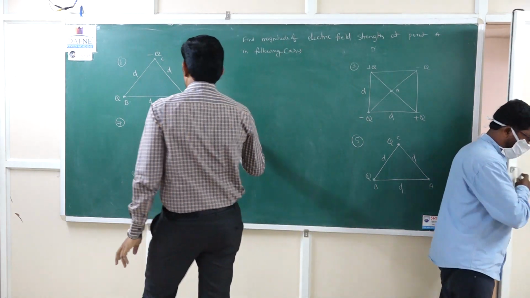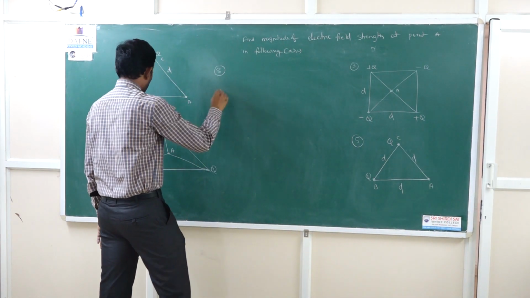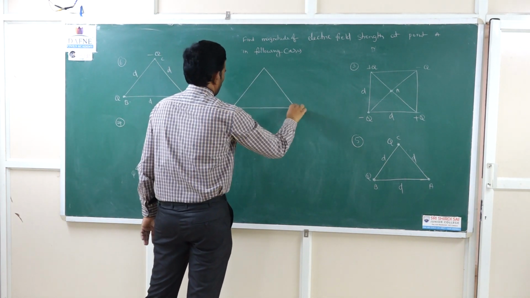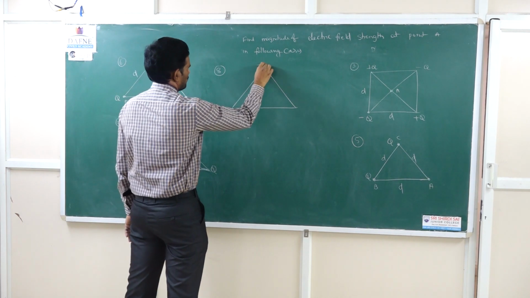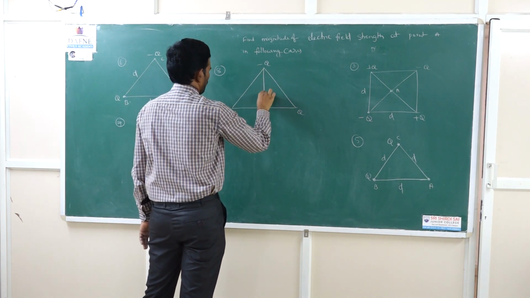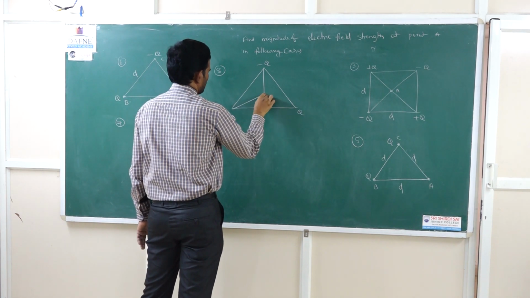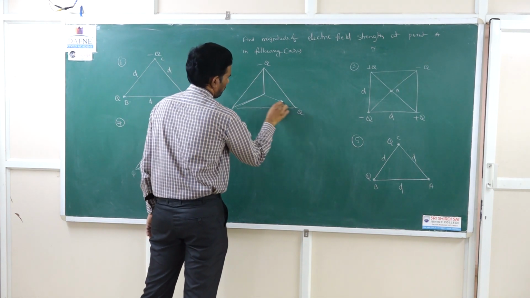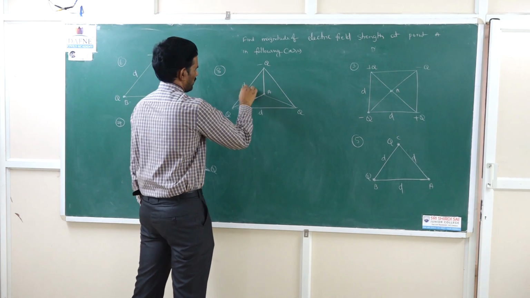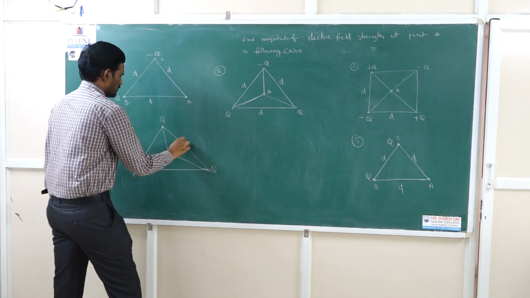And next is, in the same configuration, I am taking this as a negative charge. Again, we need to find this field at the center. This is our point A, and this is also an equilateral triangle.